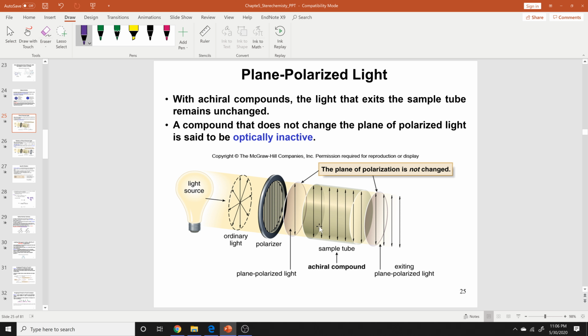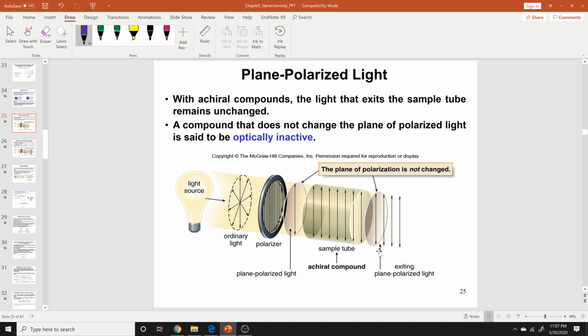That plane of polarized light is going to enter your sample tube. And if your sample is not chiral, or achiral, this means that it doesn't have a mirror image, then the plane of polarized light is going to exit the sample tube without being changed.